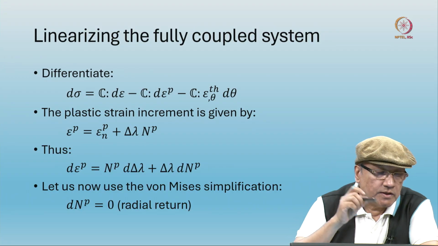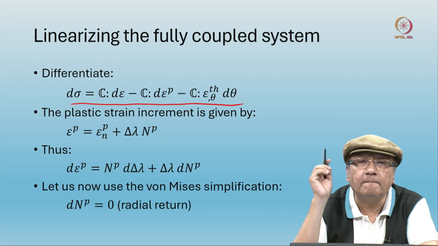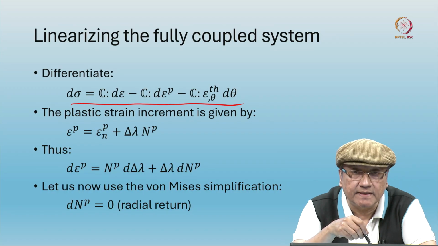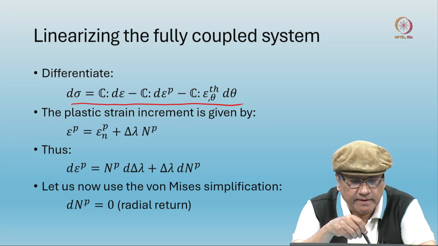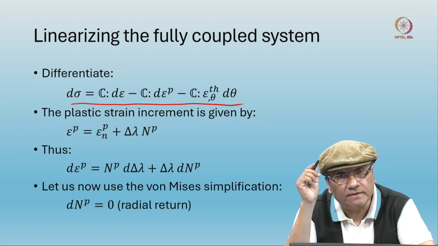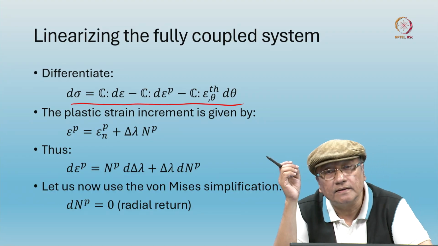So, this is my d sigma expression. Note that instead of writing d epsilon theta, we are writing d epsilon thermal as del epsilon thermal by del theta into d theta, because the epsilon thermal part depends only on temperature.